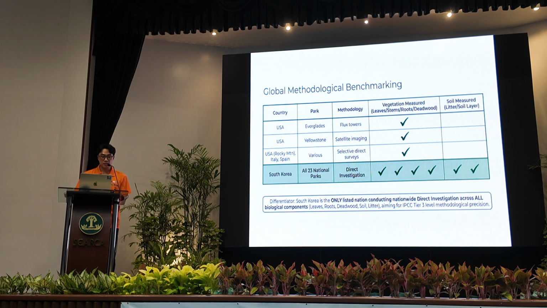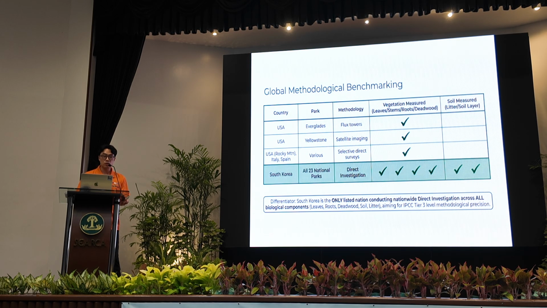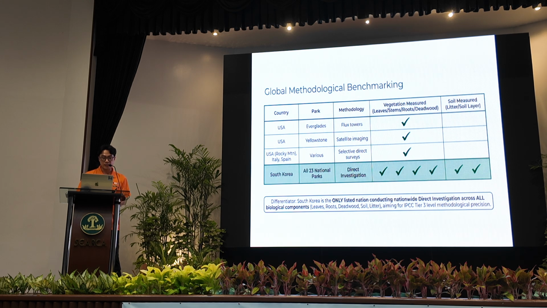We compare methodology globally. The United States used flux towers in the Everglades National Park and satellite imaging in the Yellowstone National Park. But Korea utilized direct investigation across all 23 national parks.